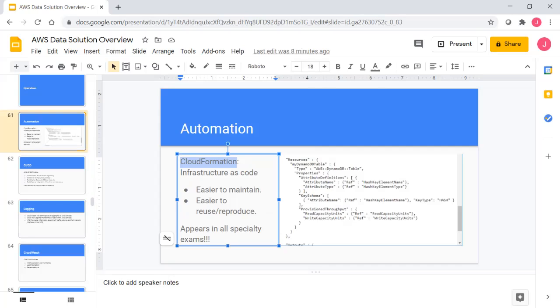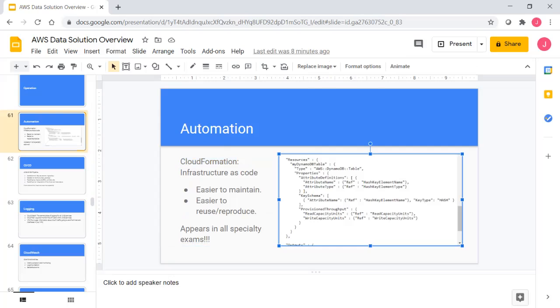For example, here to the right, you can see that this is how I define a DynamoDB table. You define the type, you define the properties, the attributes, and its key schema. Using code to define your infrastructure makes it easier to maintain and easier to reuse and to reproduce.